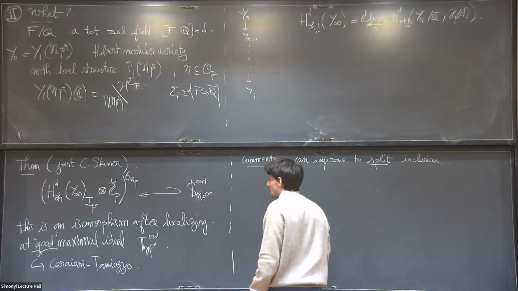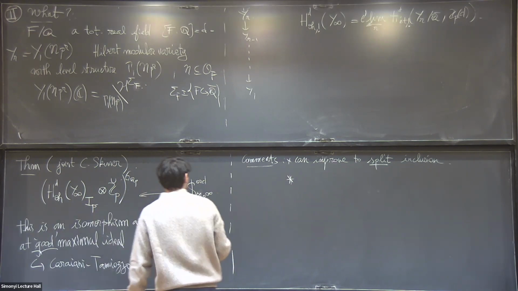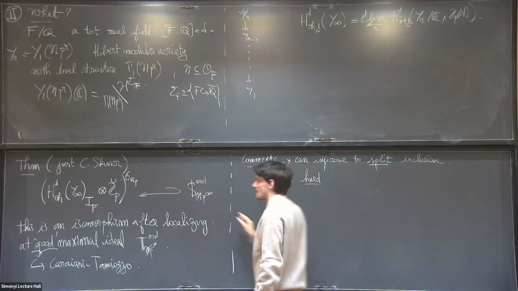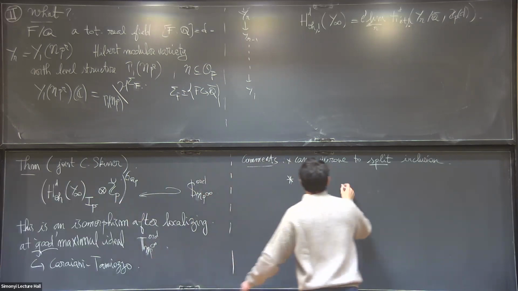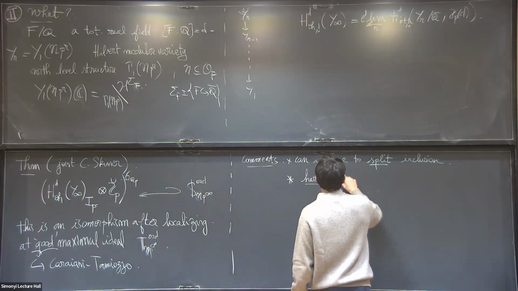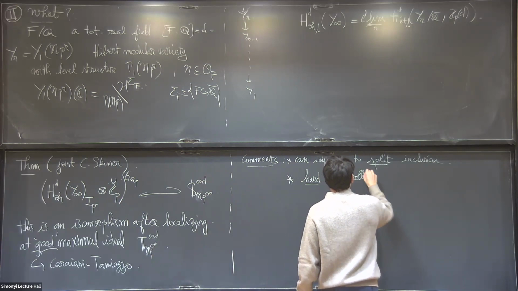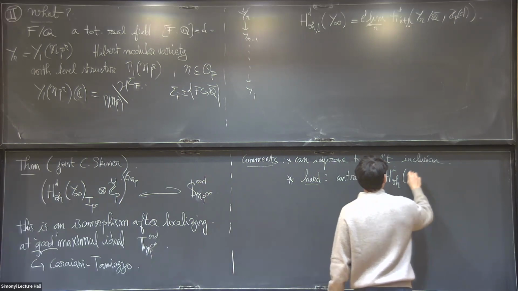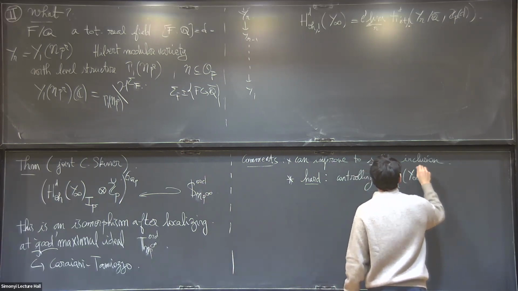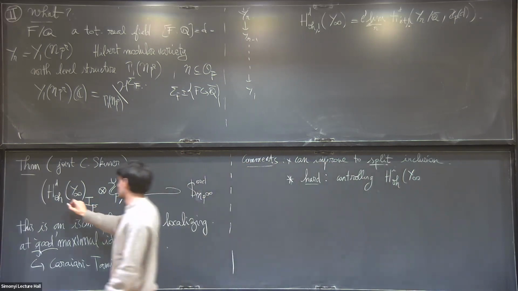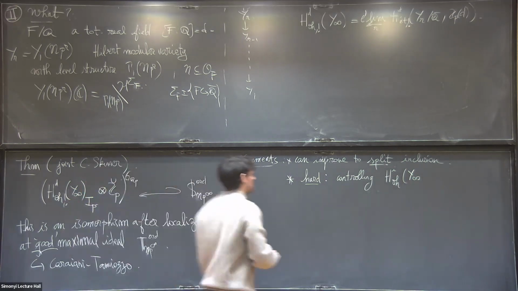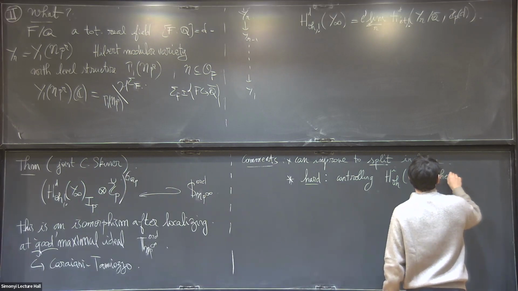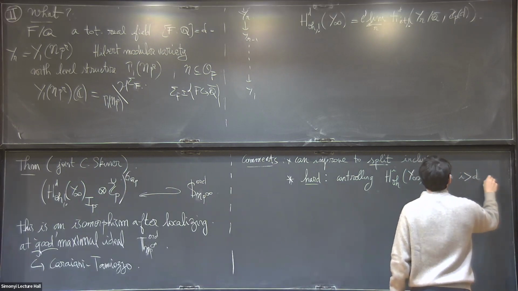And so what is hard about this, what is hard to show, say that it's an isomorphism, like in the Ohta case, is controlling H^i Ohta of Y_infinity. So this is still here, H^i Ohta of Y_infinity when i is larger than d.